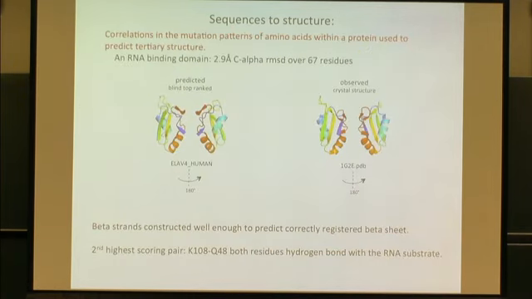It turns out that if we do that, we get remarkably close to the experimentally solved crystal structures. This is a small protein, 67 amino acids. This is the crystal structure here, which is available with this code in the database, and this is our predicted structure. You can see that some bits aren't quite right, like this blue piece here doesn't point in quite the right direction.